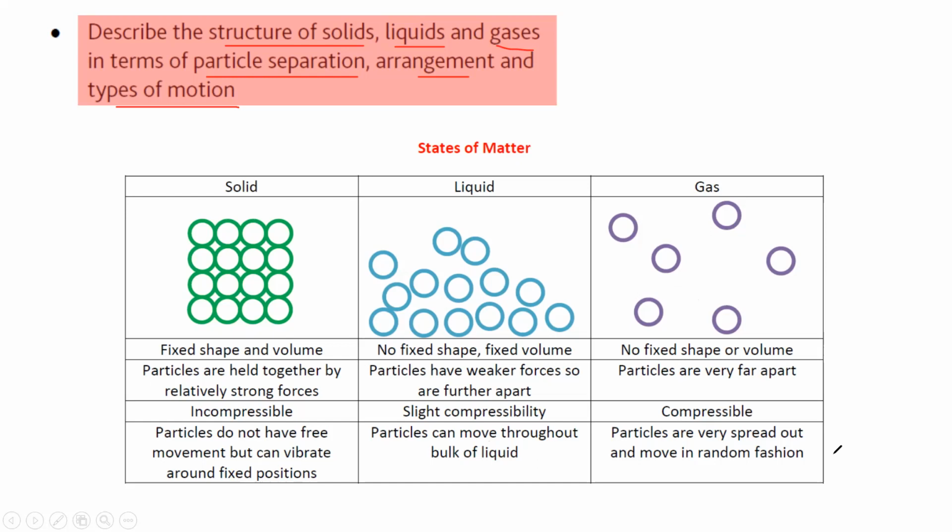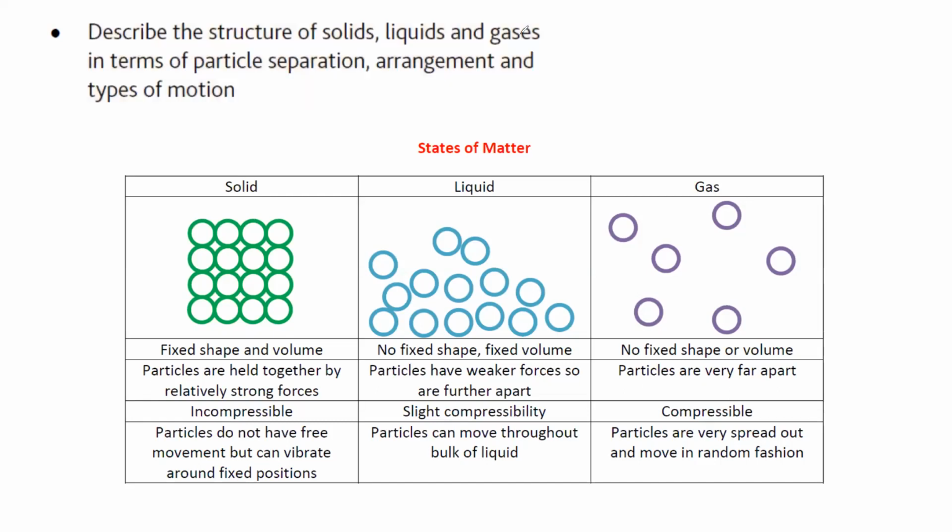So this atom does not have an equal number of protons and electrons, so we call that an ion. And an ion can be a positive ion or a negative ion. A positive ion contains more protons and a negative ion contains more electrons.